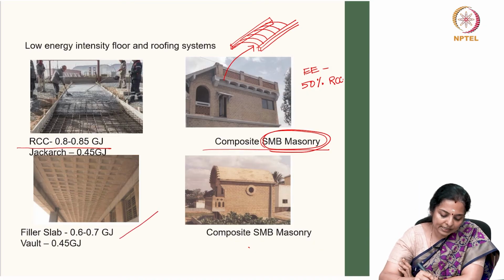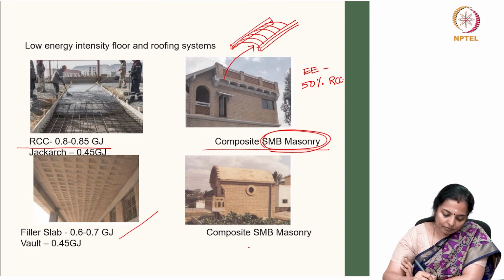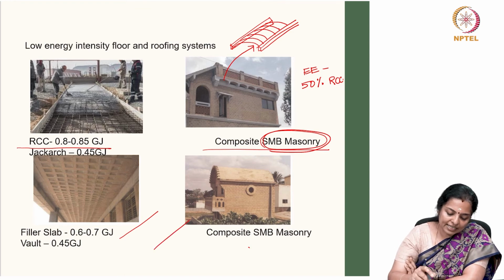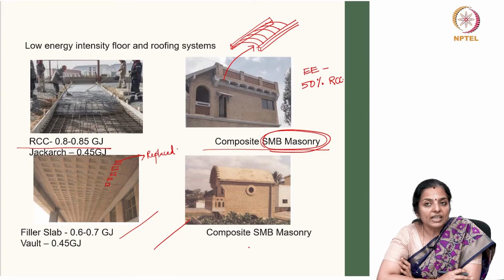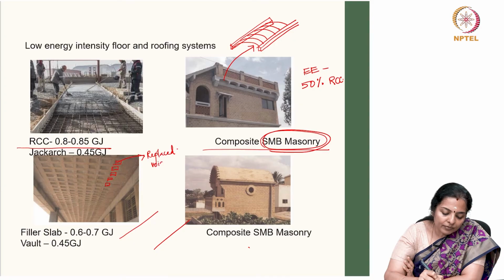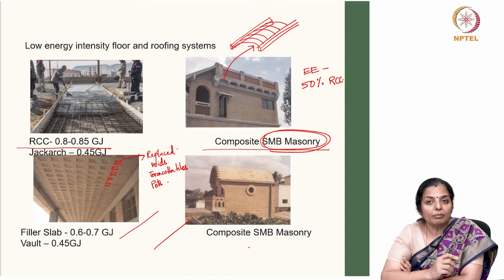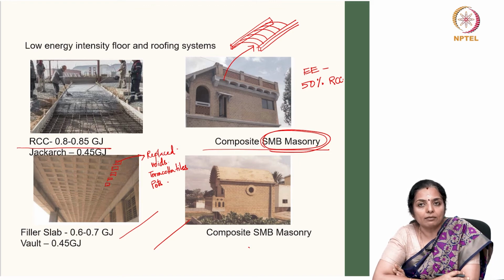So, what happens is, when you have a roof like this as shown here, some parts of the RCC is scooped out or replaced with either voids or terracotta tiles or pots, etc. It can be filled with, replaced with anything.